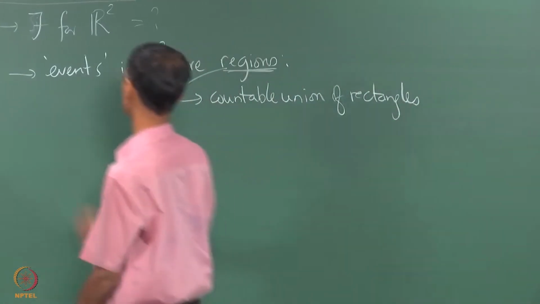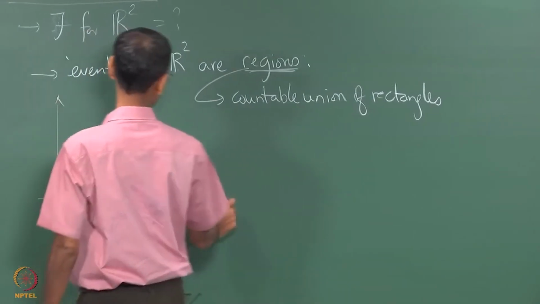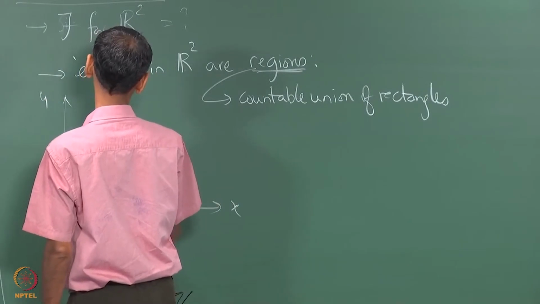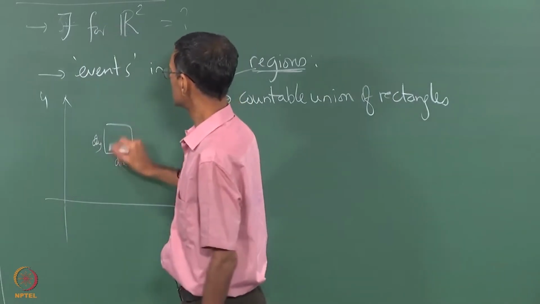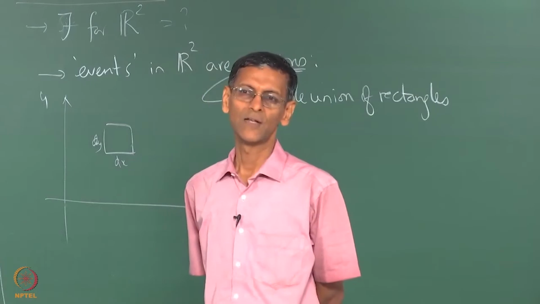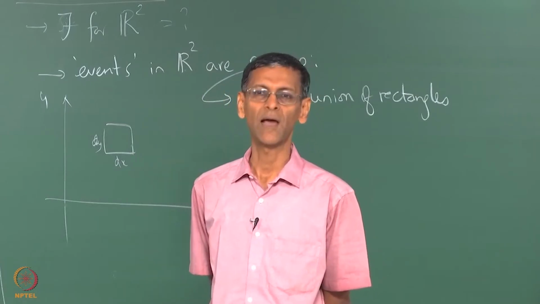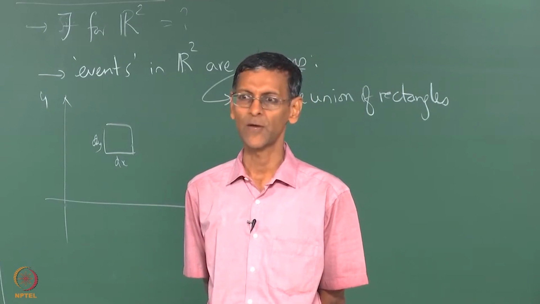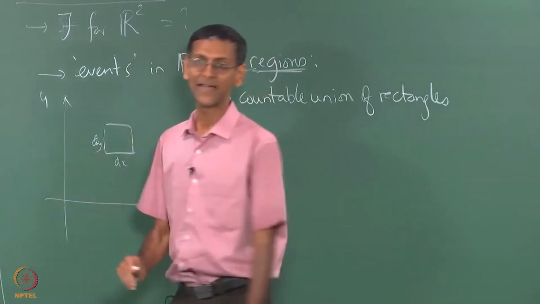You start with, again I repeat that kind of figure, if I start with dx dy, this is an elementary rectangle, and not only is it a rectangle, it is also aligned. What do I mean by aligned? Its sides are parallel to the x and y axes, right. So this is a simple aligned rectangle.